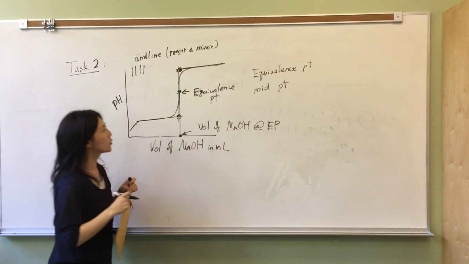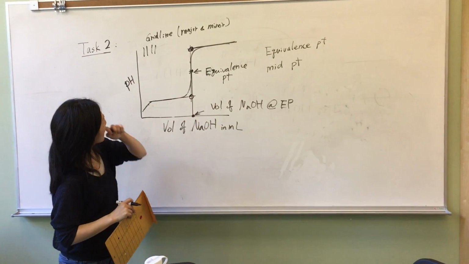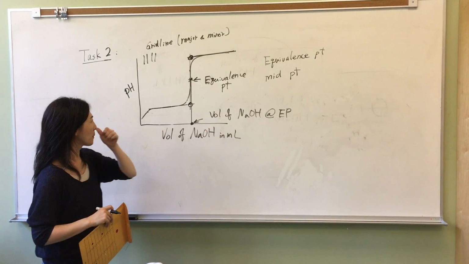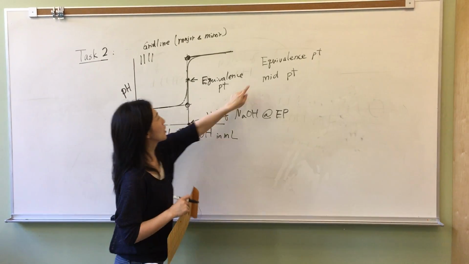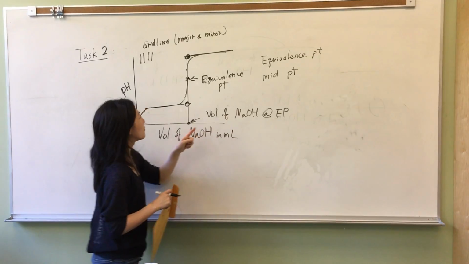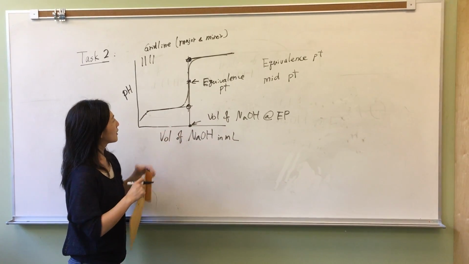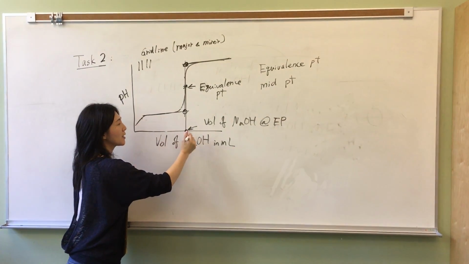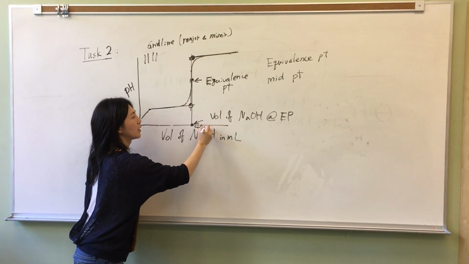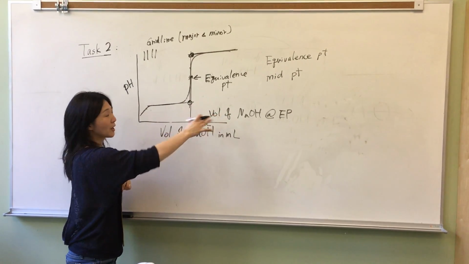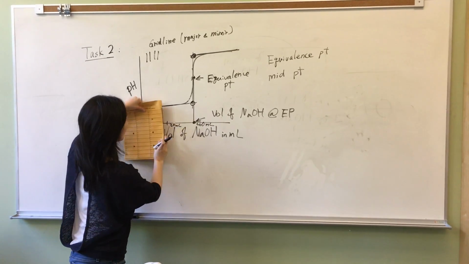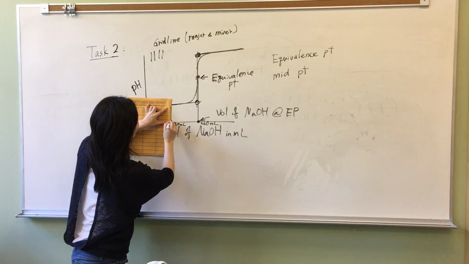Okay? I want you to label everything on your graph like this. Okay? And then next, you need to find the midpoint. Midpoint is the one that is half the volume of the equivalence point. Let's say this one is 40 mL. Then the midpoint is gonna be half, which is 20 mL on your pH graph.